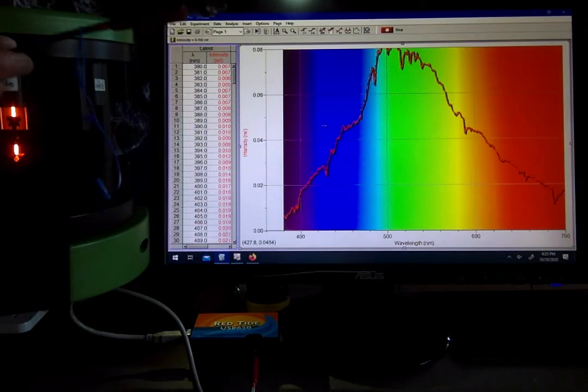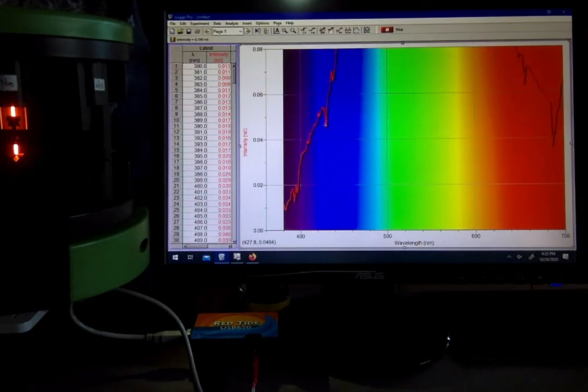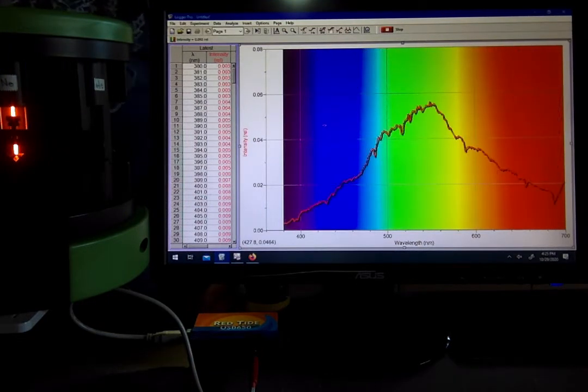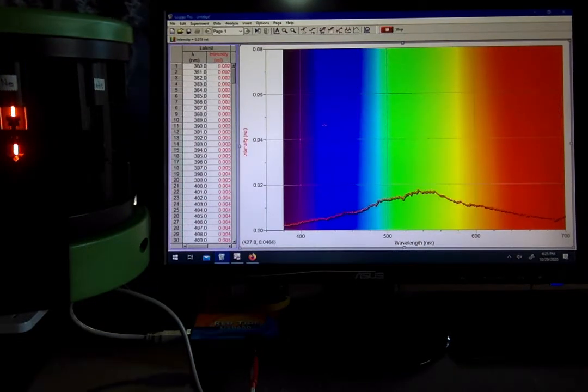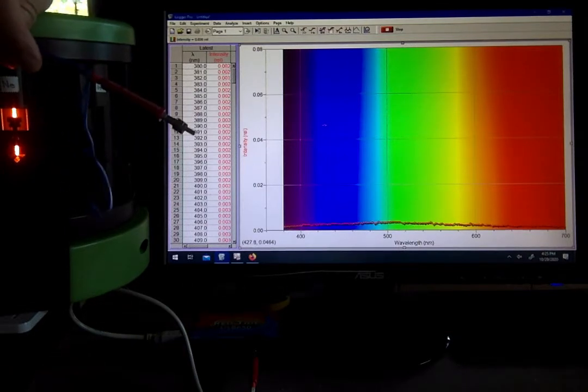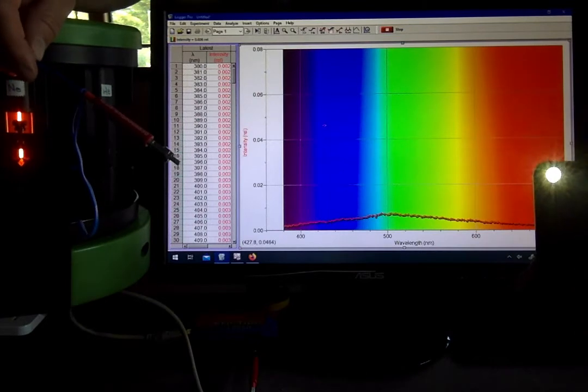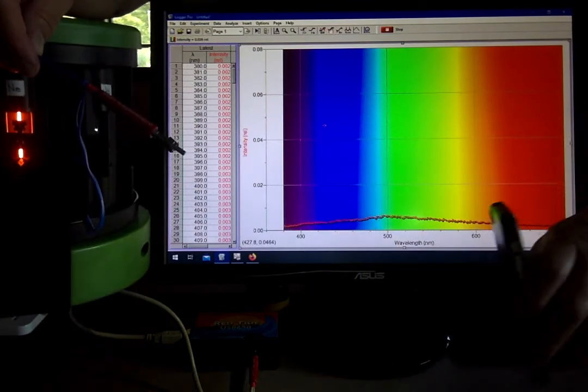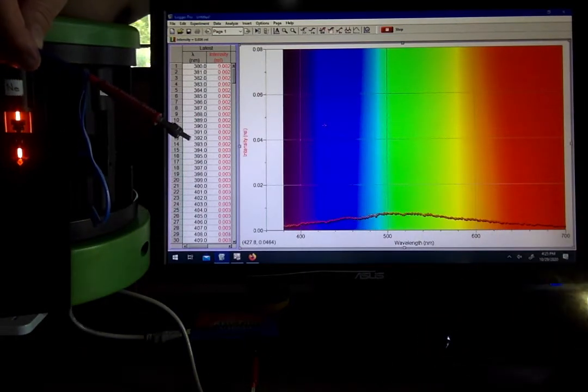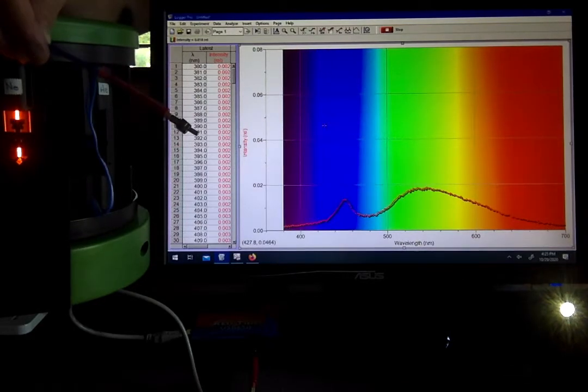Okay, so let's take a look at this fiber optic cable and see what happens if I point it at the light coming from my cell phone. So this is my cell phone. I was using it to light up the spectrometer right here, and now I'm going to point the fiber optic cable towards the white light of my phone.